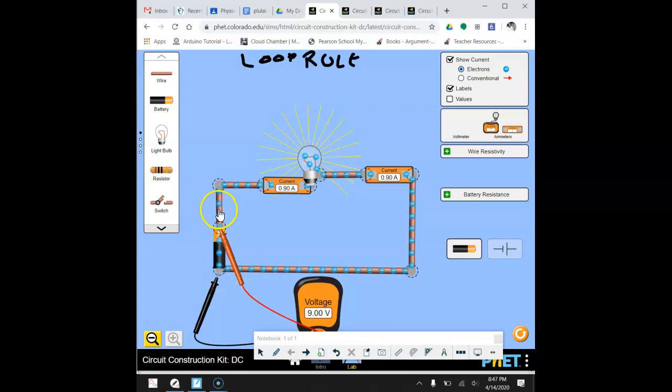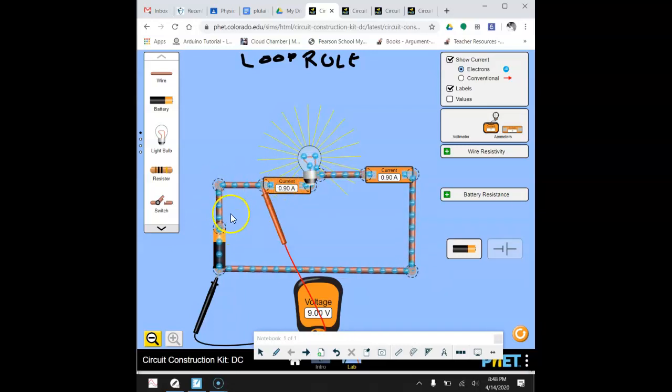Now, does a wire use voltage? Does a wire use voltage, yes or no? No, correct. So here, the voltage or the electric potential is still 9. And the electric potential here is still 9. And our ammeters that measure current, they're just like our wires.